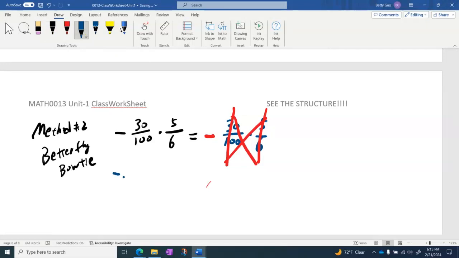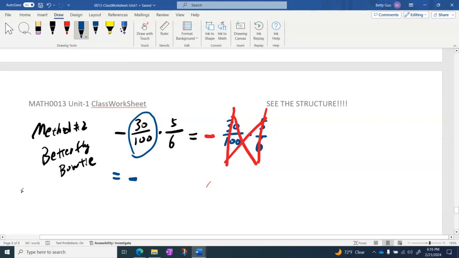The first step is vertical. Vertical means I'm going to look at the first fraction I have and see if I can reduce it, if I can simplify it. 30 over 100. Do you think we can simplify it? How do we simplify it? Do 30 and 100 have any common factor?